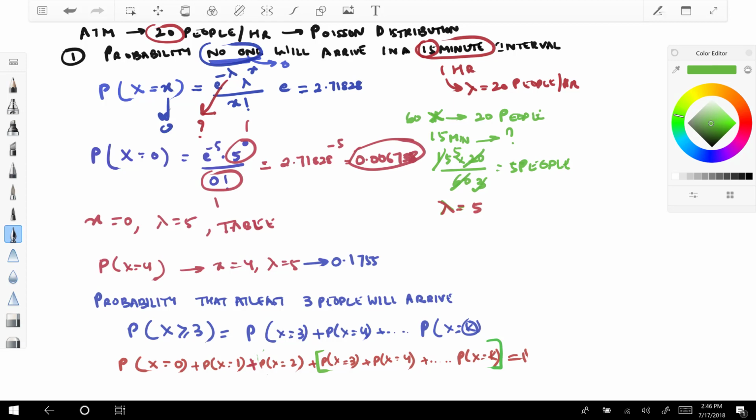So what we can do is take the other values to the other side.